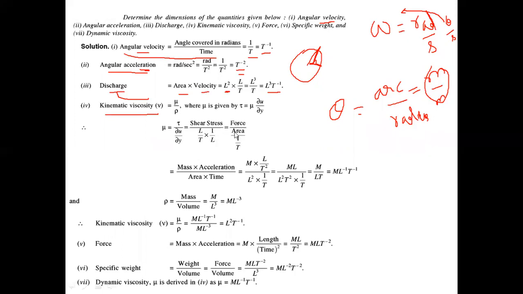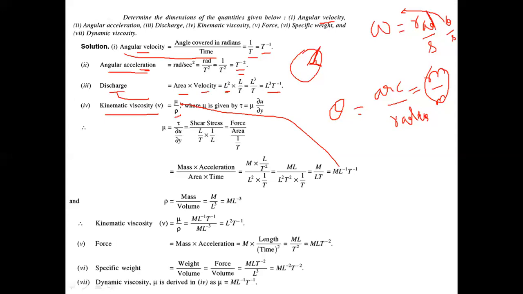Shear stress is force per unit area, and we have just found force. Force is mass into acceleration. So we need to write force into fundamental units, and velocity gradient into fundamental units. Then if you rewrite, this is the fundamental unit of dynamic viscosity, mu. We are supposed to substitute dynamic viscosity over here. Now density is also a derived unit.